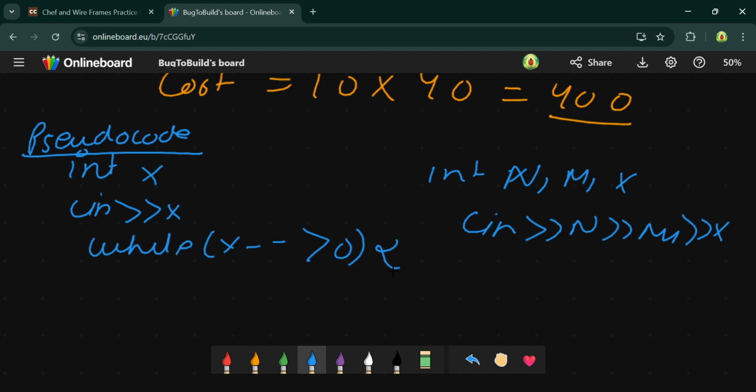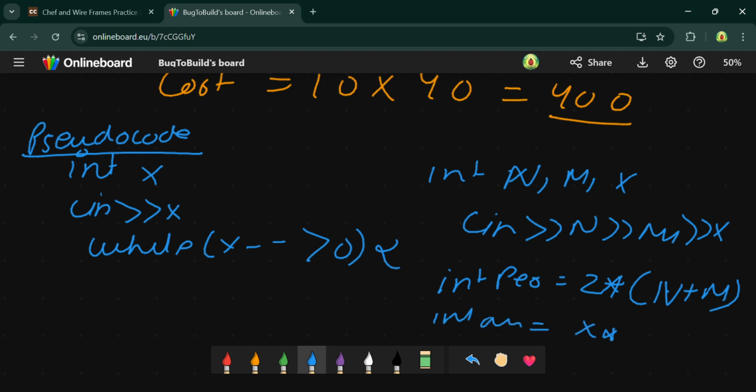Then you find int perimeter, which will be 2 into (n plus m), and then int answer will be x into perimeter. After this you just have to return the answer. I hope you understand the pseudocode.